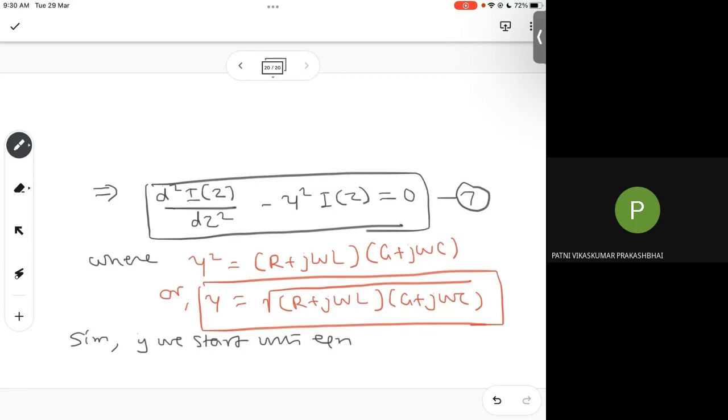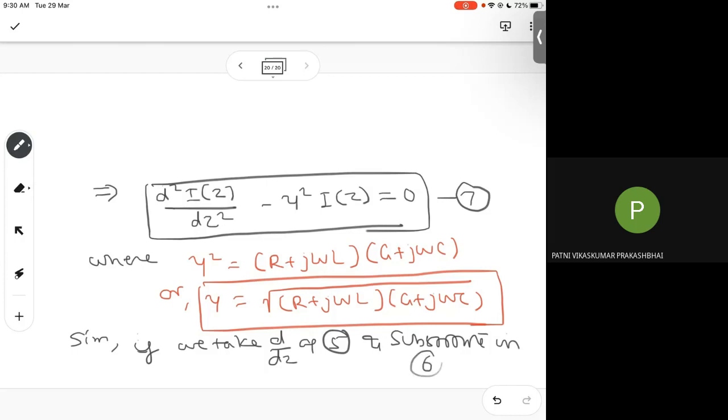If we do the other way around, if we take d by dz of 5 and substitute in 6, on the same line we get a different equation, which is d square Vz by dz square is equal to gamma square Vz. We are not working through that here.